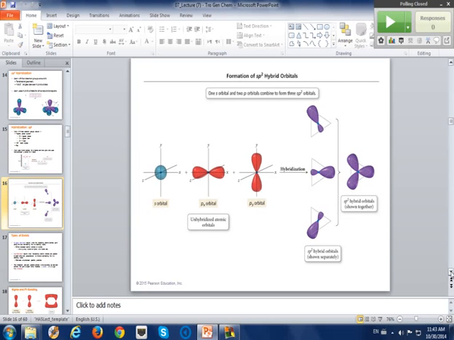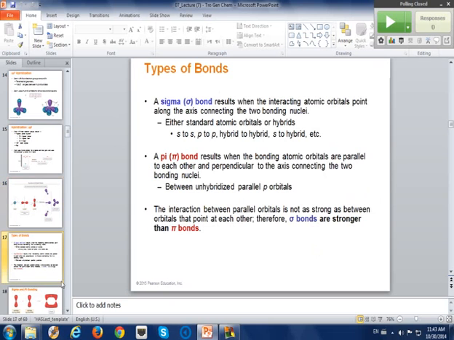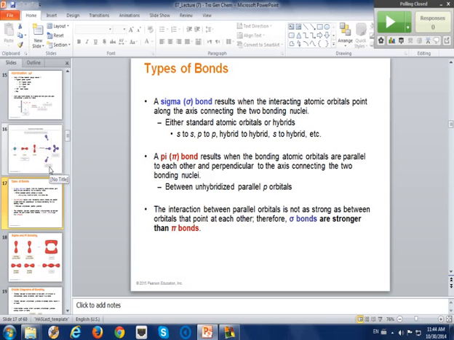And so as we consider bonding between the elements based on the valence bond theory, it's important that we realize quantum mechanics is further predicting 2 types of bonds, distinguishing possible bonding based on the geometry of the overlap.